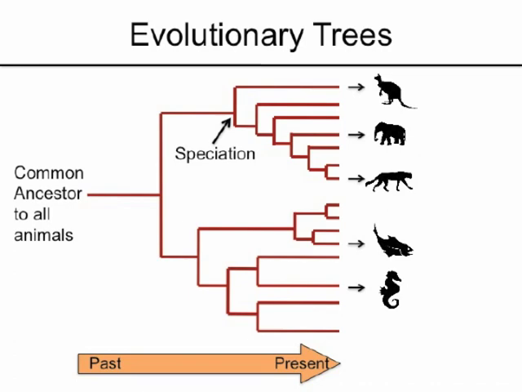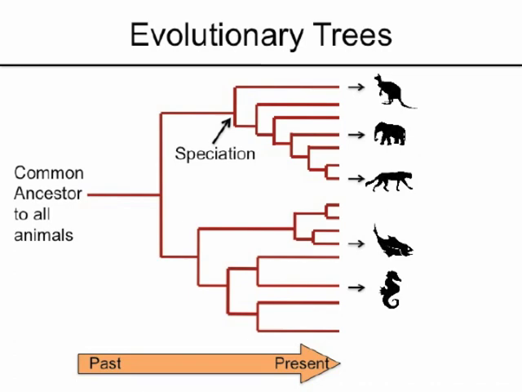The first split was between these aquatic animals like fish and seahorses, and some land animals like kangaroo and elephant here. So if you look at the node that's indicated by the speciation arrow, this is the point in time where kangaroos diverge from other land animals like elephants and cheetahs here.